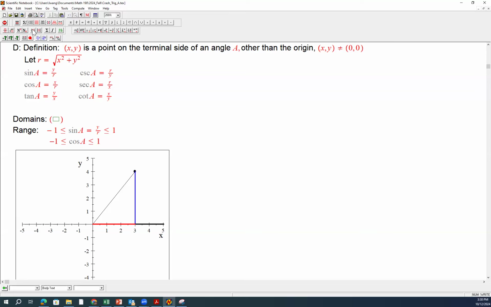So the domain for sine and cosine is from -infinity to +infinity, because we never run the risk of having a 0 denominator. R is always positive. So we got the range of sine and cosine right here.